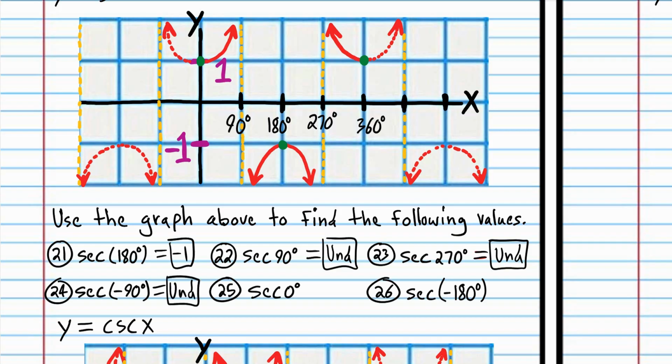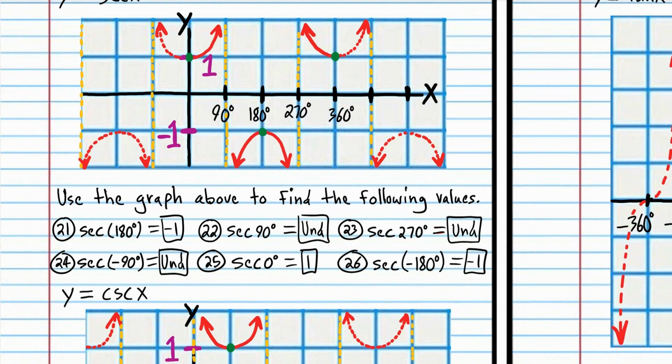Secant 0 degrees, well, if we don't move out at all, then the corresponding point is here. And the y value of that point is +1, so secant 0 degrees is actually +1. Secant -180, well, we go out -90, -180, and the corresponding point on the curve has a y value that is equal to -1.